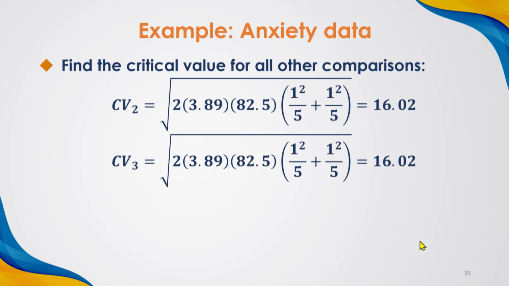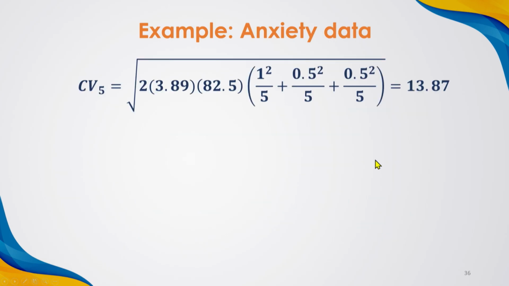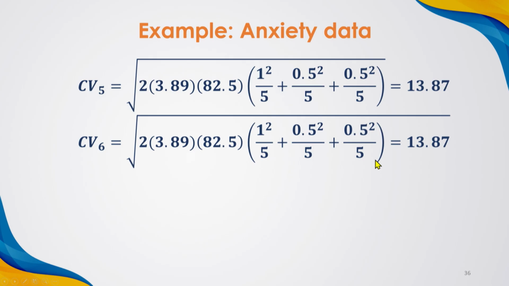CV2 is calculated in the same way, so the value is 16.02. CV3 is also 16.02 because the size of the group is not changing. Suppose we had a difference in the size of the groups, we may get a different answer for all these CVs. So, we will calculate CV4, CV5 and CV6.